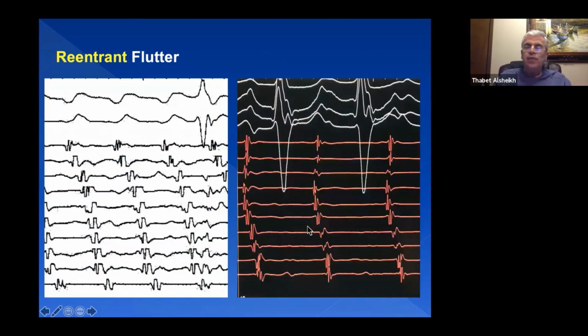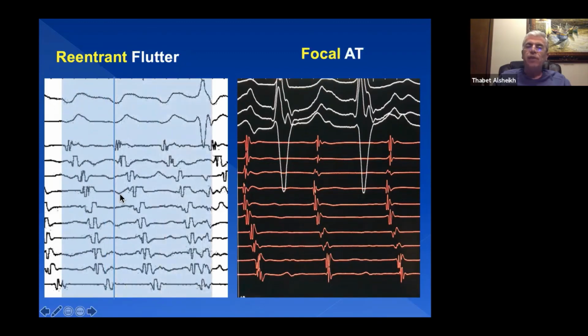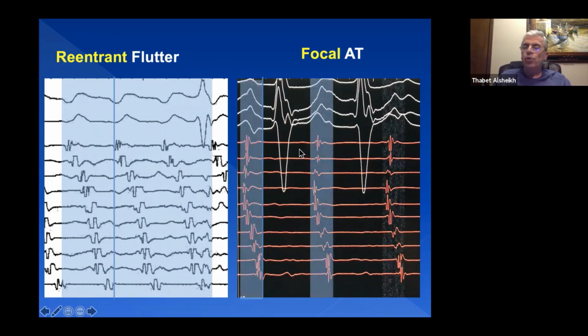Now, let's just summarize. Reentrant atrial tachycardia, or what we call flutter, versus focal atrial tachycardia. In reentrant tachycardia, there's always atrial activity, and you barely see any quiet area without activity if you are recording from both atria. In focal atrial tachycardia, activation time is only a fraction of the tachycardia cycle length, and when you're recording from both atria, you still have time where you have no activity recorded.